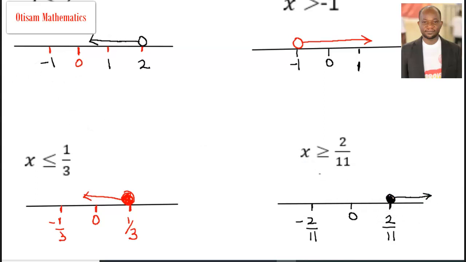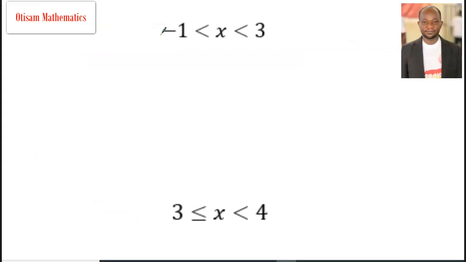Okay, let's look at other examples. Double inequality. How do we represent double inequality on a number line? Now remember, if it is less than or equal to wherever it is, you have to shade it, or greater than or equal to, you have to shade it. Here the first one, minus 1 less than x less than 3.